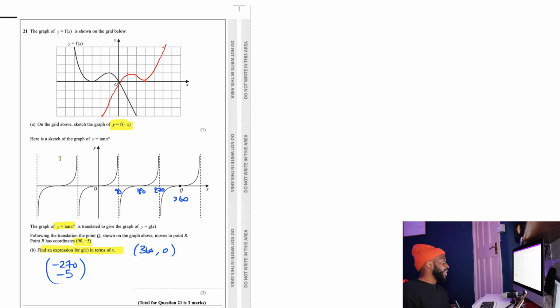Our original graph is y equals tan x. So as it's moved to the left 270, within this x we need to add 270, and then because it has moved 5 down, we've got to reflect that outside the bracket by writing minus 5. And that's the question finished.